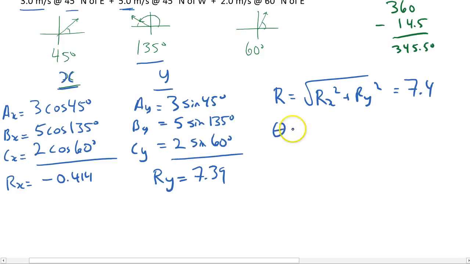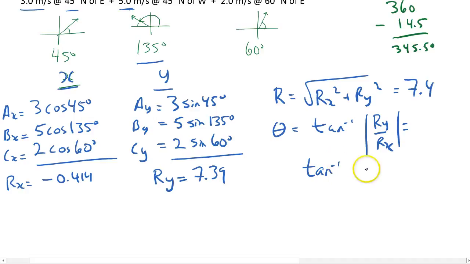And my direction is going to be the inverse tan of the absolute value of Ry over Rx. One's negative and one's positive, so I've got to make sure that I enter it as a positive. So that would be the inverse tan of 7.39 divided by 0.414. And that direction is 7.4 degrees.